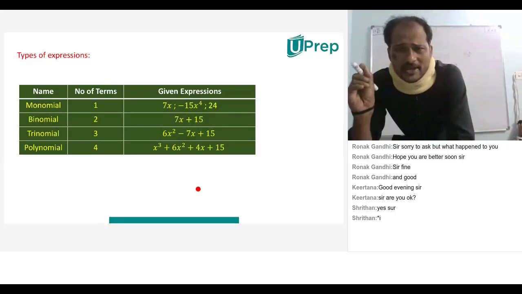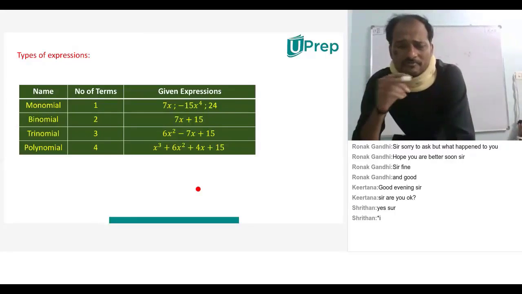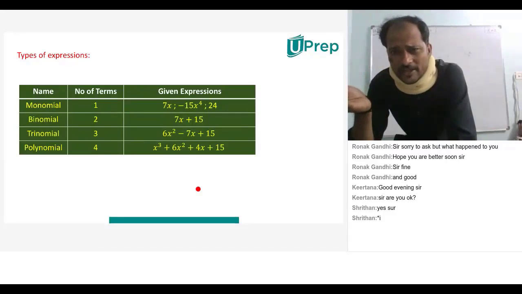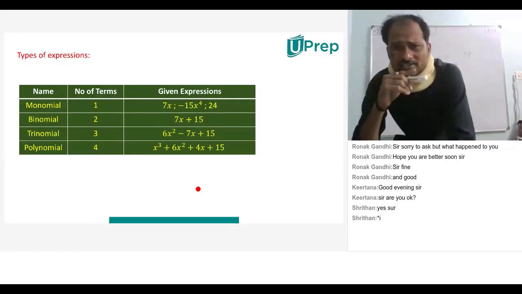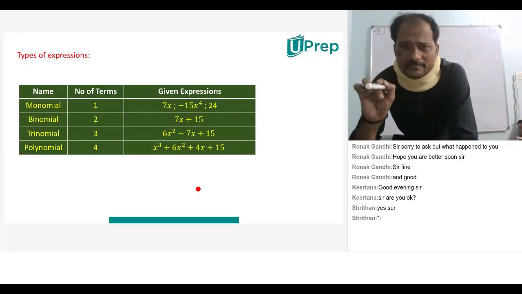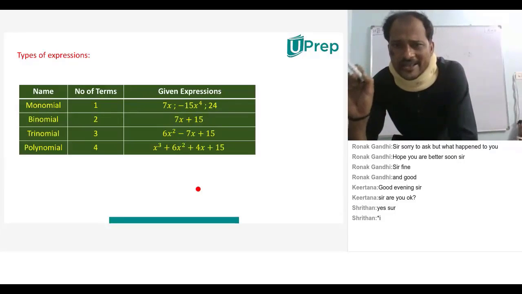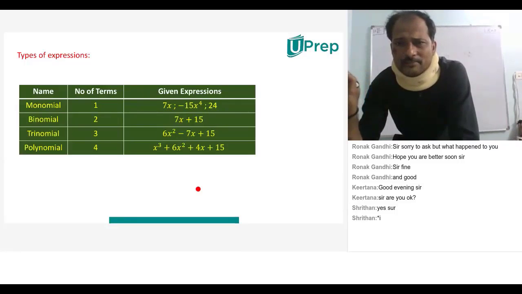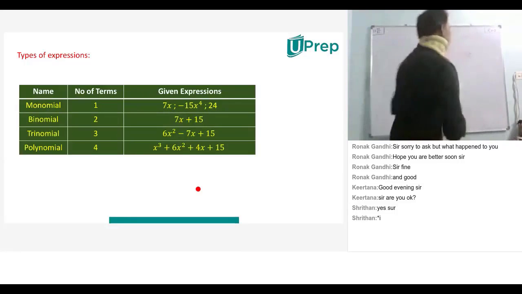Every algebraic expression which has a combination of variables, constants, and coefficients, where the power of the variable is a non-negative integer, we call it a polynomial. That means what?